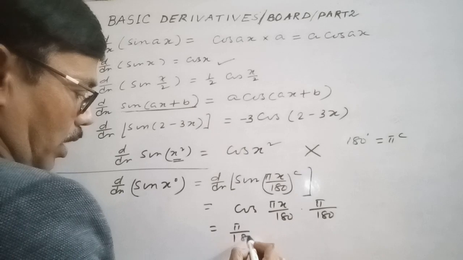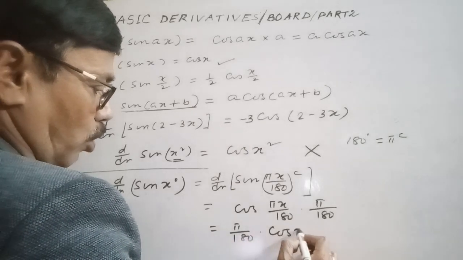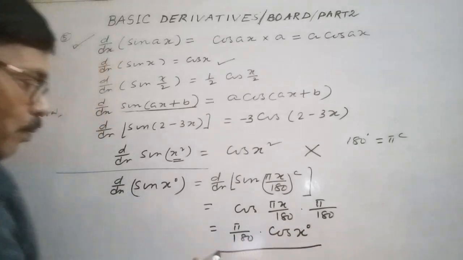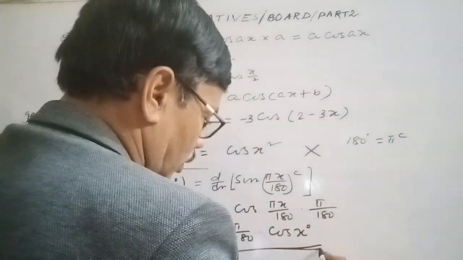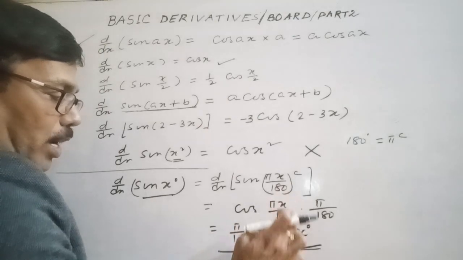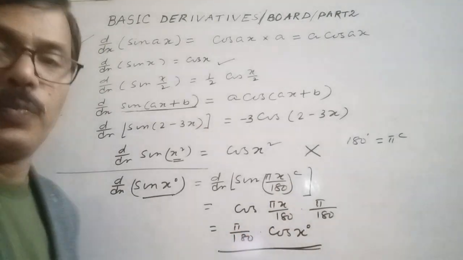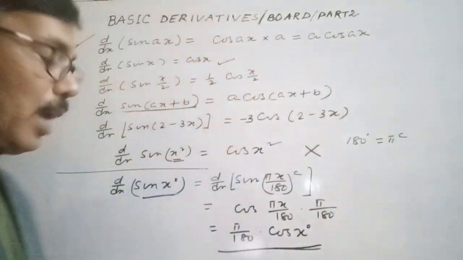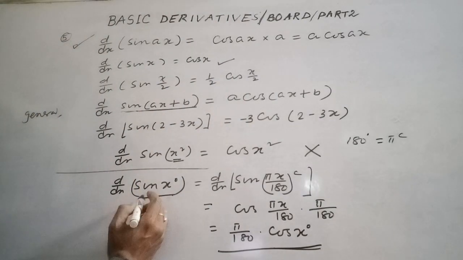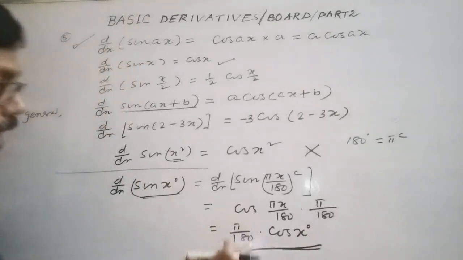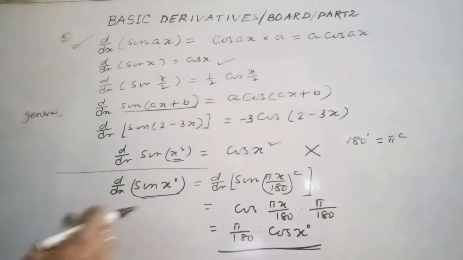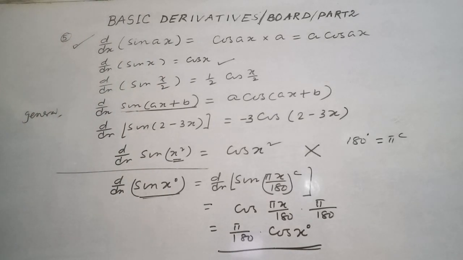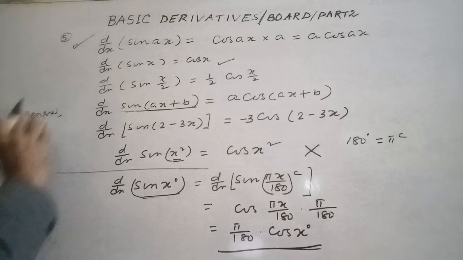So pi by 180 into cos x degree. Initially it is given in degree, so we are again transforming pi x by 180 is x degree. So we write it directly. d dx of sine x degree is cos x degree multiplied by pi by 180. So you should remember it.